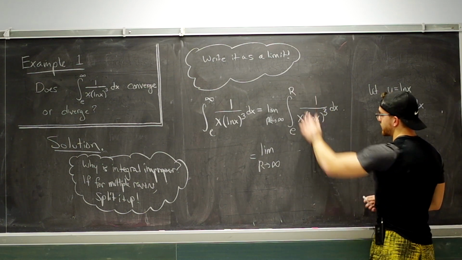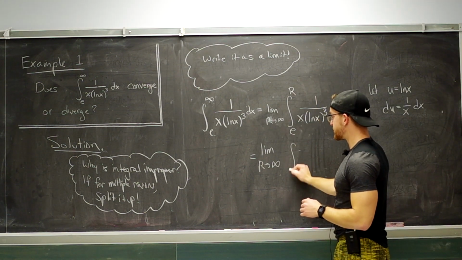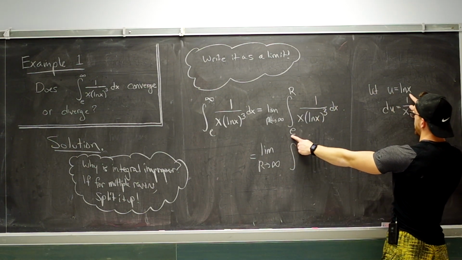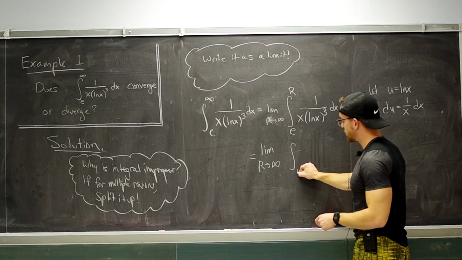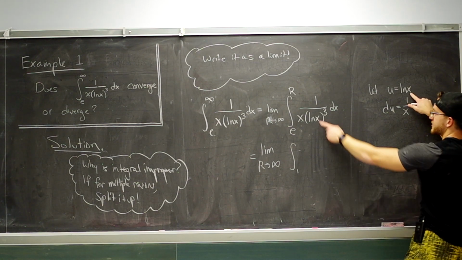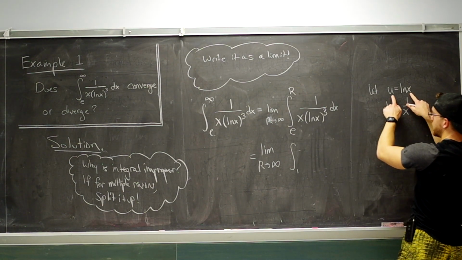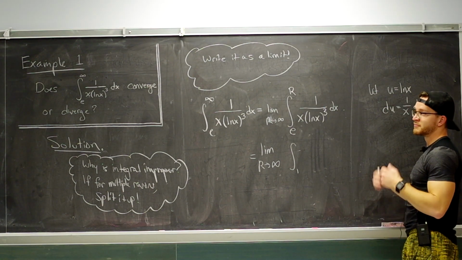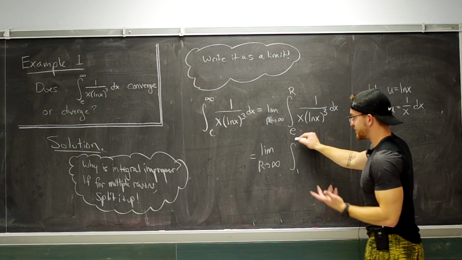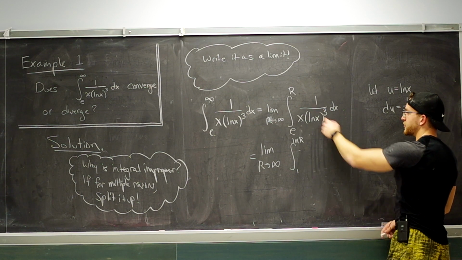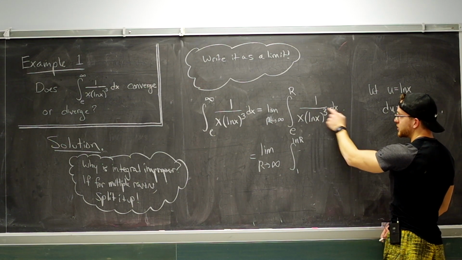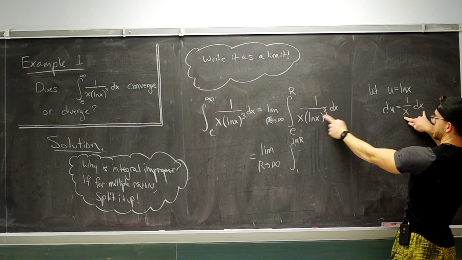Then I have to change everything here, including the bounds. The bounds, when x is e, log of e is 1. When x is r, u is log of r. That's a little weird, that's okay. The integrand turns into 1 over u cubed du.